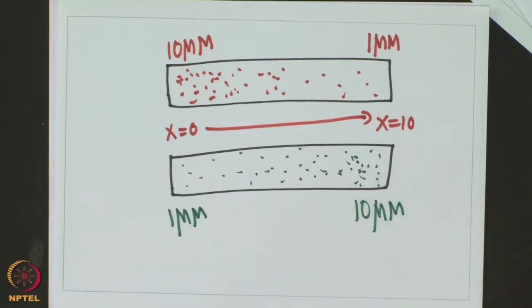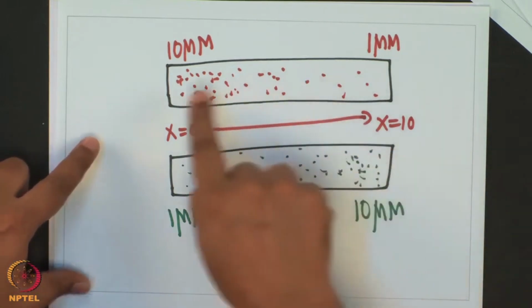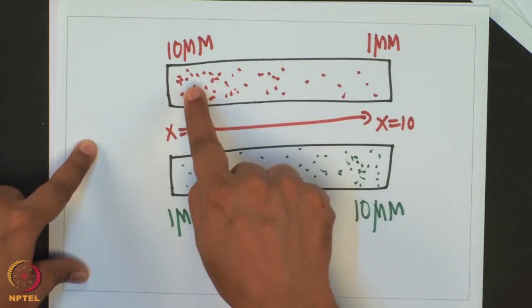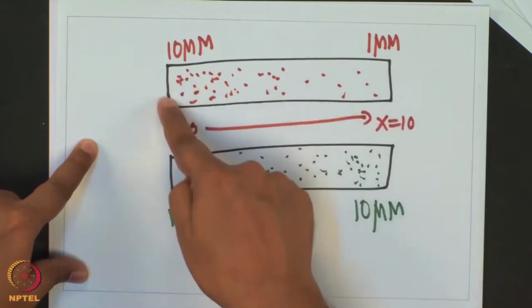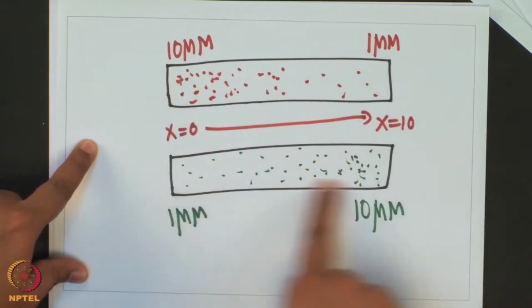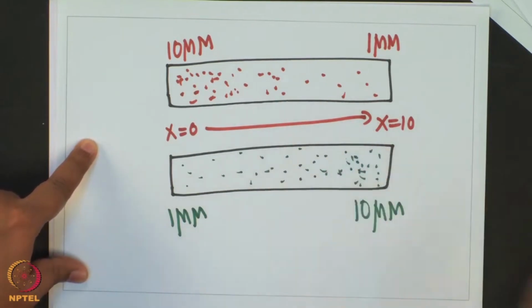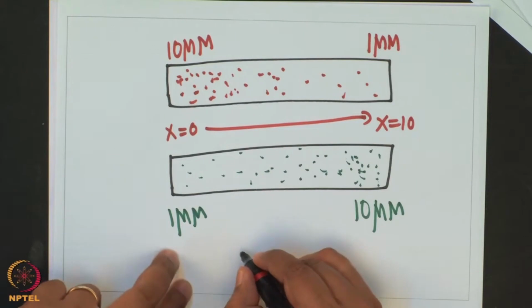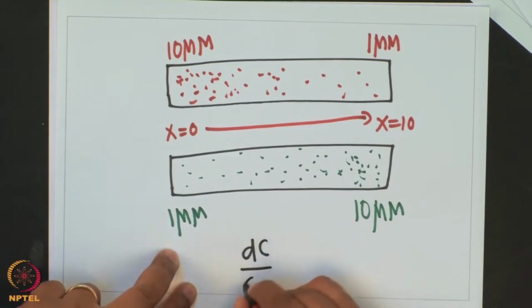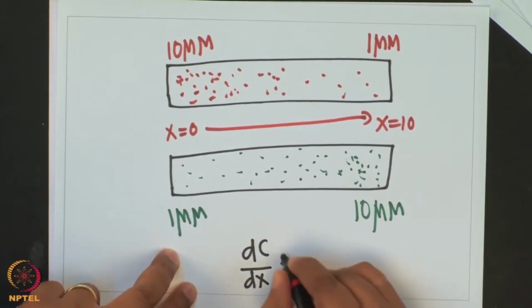To represent this and this differently, one would want to have a vector sign. Here the concentration is increasing this way, while here the concentration is increasing this way. To represent this mathematically, one could write dc by dx x cap.